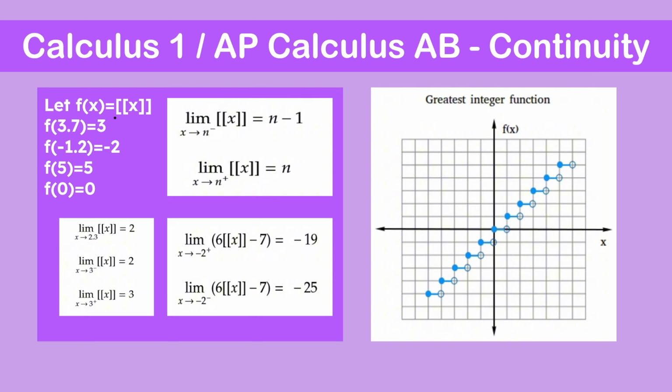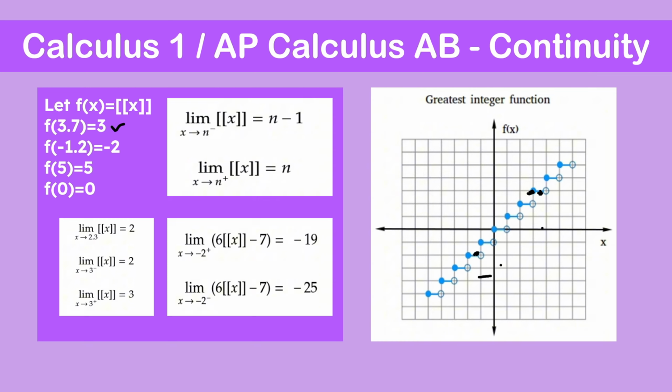So let's say f of x is equal to the greatest integer function. Let's find f of 3.7. 3.7 is over here. As you can see, the greatest integer less than or equal to 3.7 is 3, which gives us our answer. Now let's find f of negative 1.2. So we're at negative 1, negative 1.2.